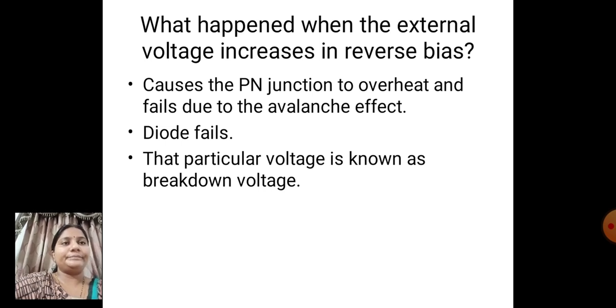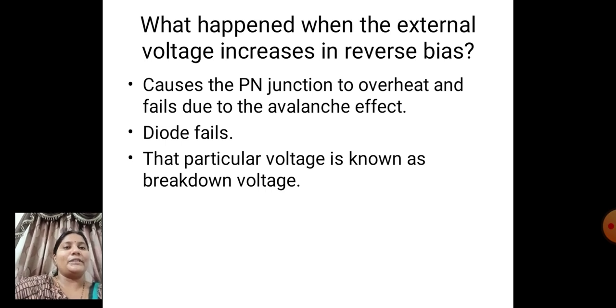Up to some point the current conducts in the reverse bias, and when I keep increasing the voltage, at some particular voltage the diode will get heated and fail. That particular voltage where the diode fails is known as breakdown voltage.